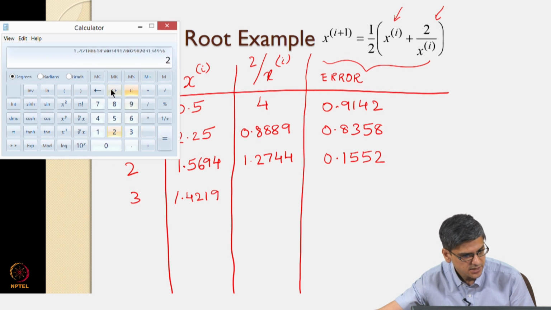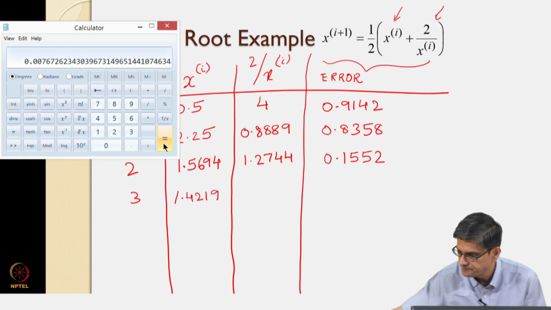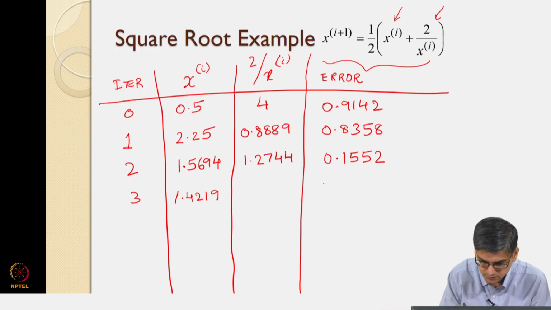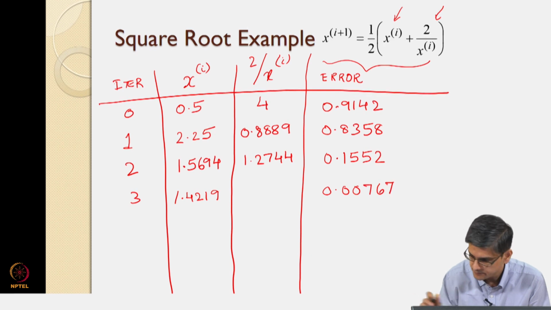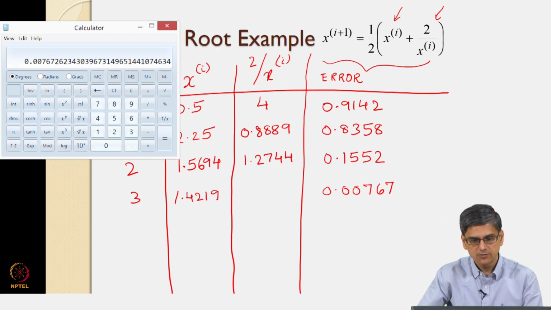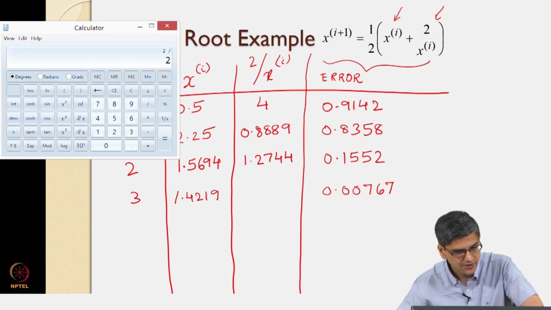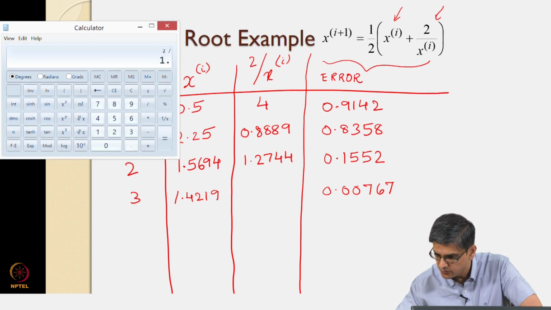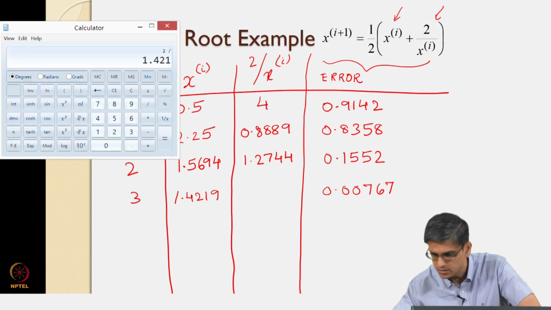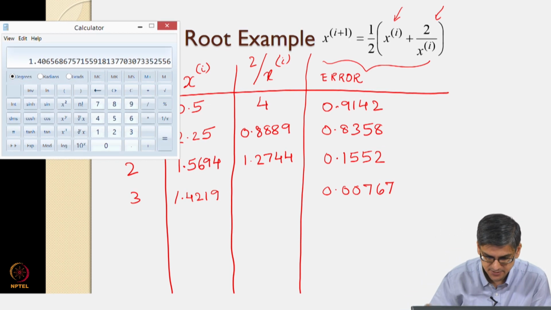Again, let us calculate the error, and the error is 0.00767. Let us now calculate 2 divided by x, which is 2 divided by 1.4219, which is 1.4066.